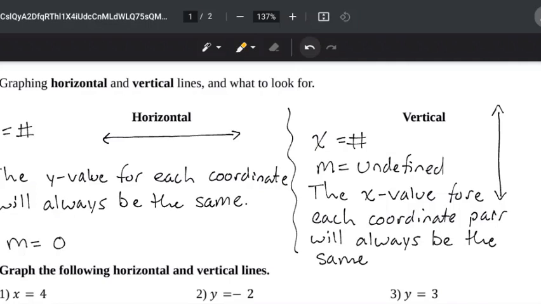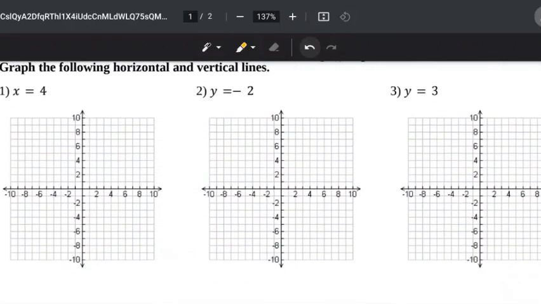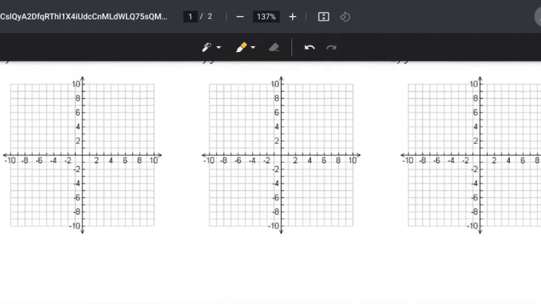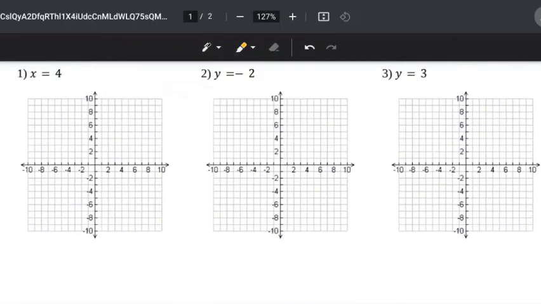Okay, so after all those reminders about horizontal and vertical lines, let's go ahead and graph some. So, x equals 4. We're going to jot down a quick how-to. So, when x equals 4, we are going to go to where x is 4, which is on the x-axis, and just graph a vertical line.